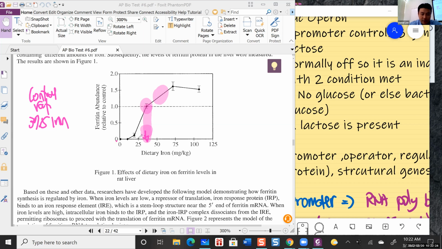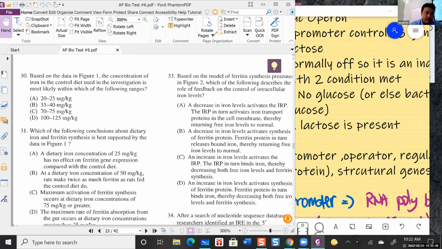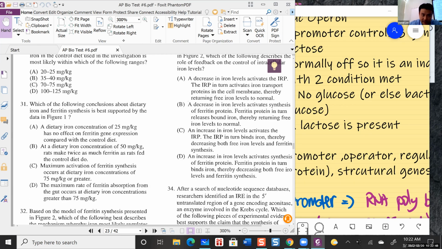And these experimental groups, some of them are taking more iron than the control, some are taking less iron than the control. That's what that means, okay? So you're feeding those rats iron, and the rats that are considered the control group are fed with 37.5 iron in the diet. So more iron, more ferritin, okay?